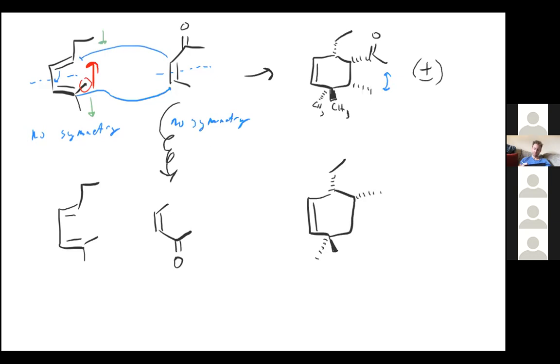Our ketone should be on bottom. Technically, these are both endo products, and you could draw exos if you wanted to, but you don't really need to for this.